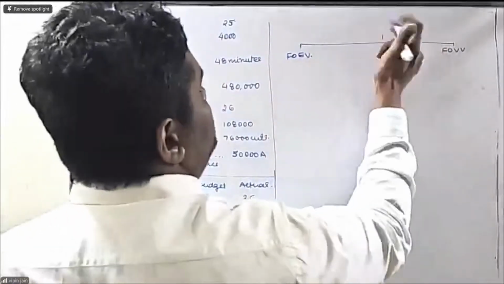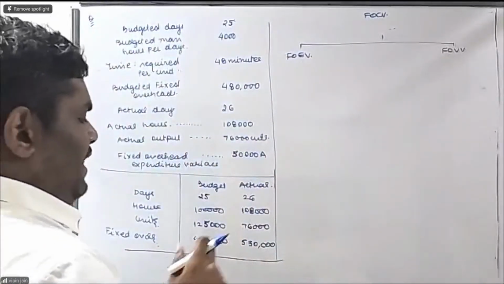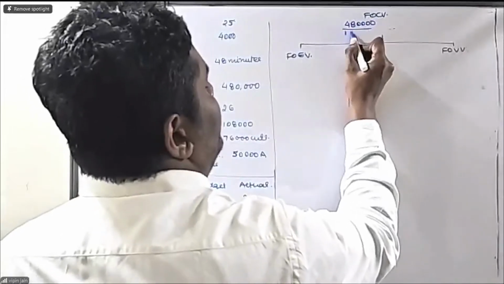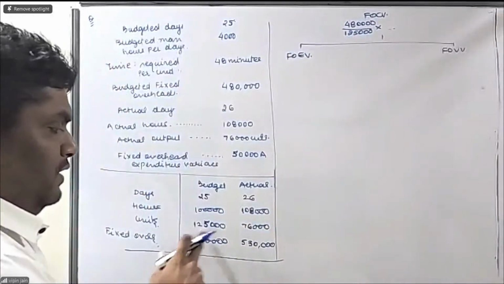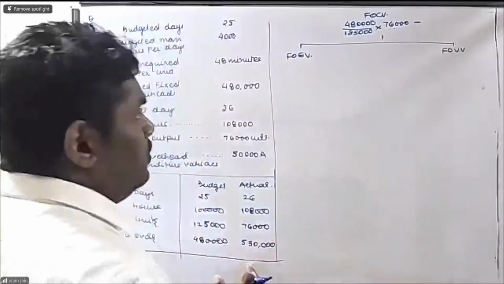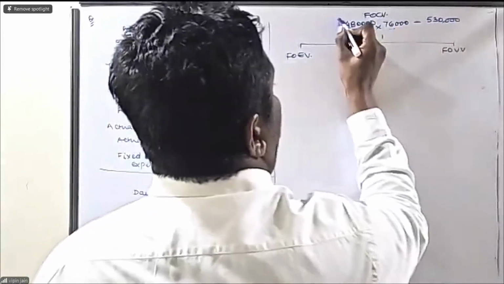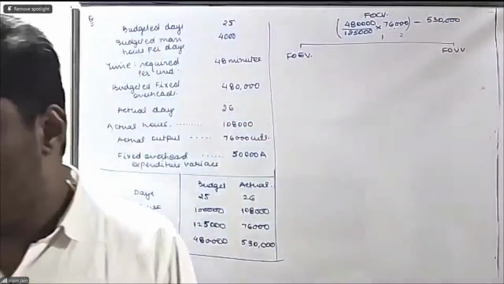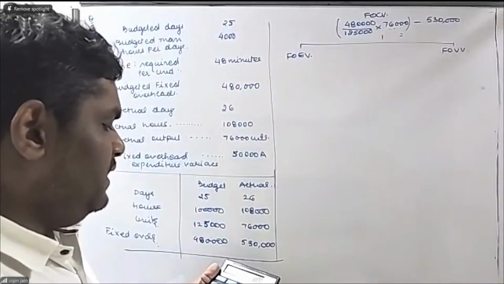So when talking about fixed overhead cost variance, 4,80,000 overheads for 1,25,000 units. So for 76,000 units, how much? Minus my actual overheads, that is 5,30,000. So 4,80,000 for 1,25,000 units.